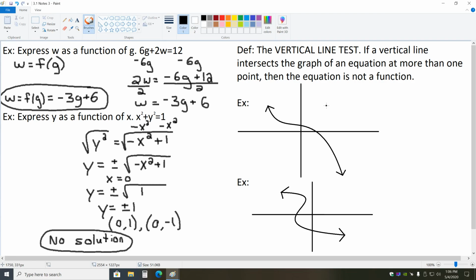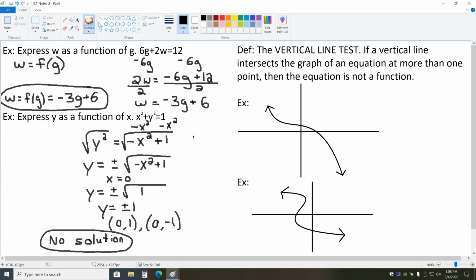Okay, and now the last thing that we need to talk about in terms of functions is a very critical method that we use. It's not always easy to prove with this equation format that we just used that something is or is not a function. As you could tell, this problem is pretty difficult, and this was just a very basic type of problem. So imagine when things get really complicated.